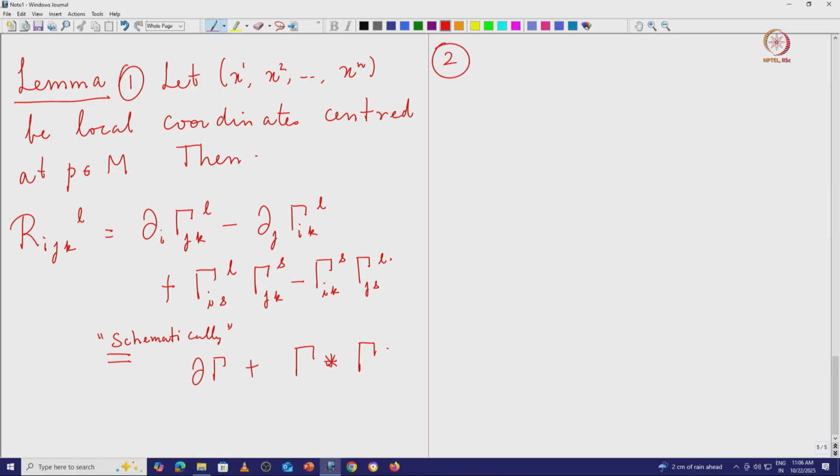The second part is what happens in normal coordinates. So let now x1 up to xn be normal at this point P. Then if you look at the 0,4 tensor at the point P, one has the following formula.